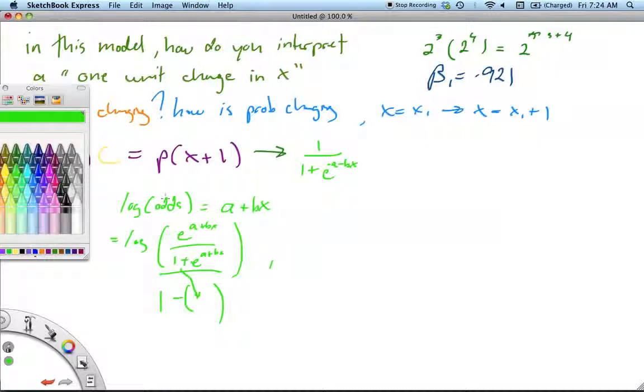So how about this? Log odds is equal to a plus bx. This means that odds are equal to e to the a plus bx.